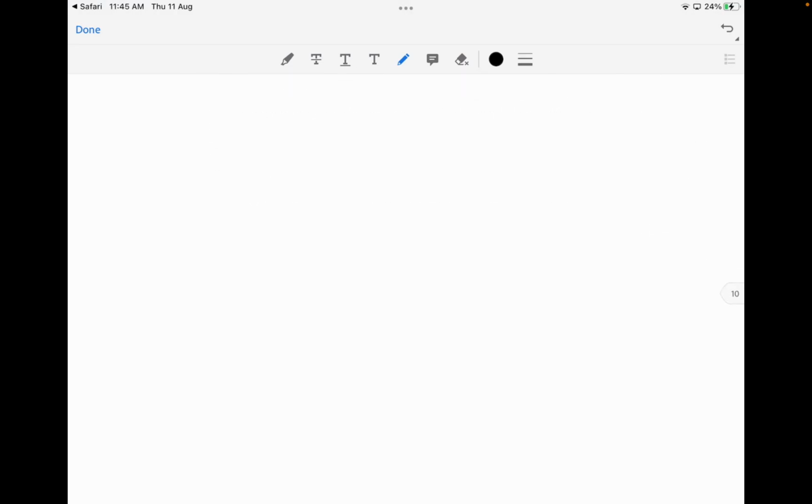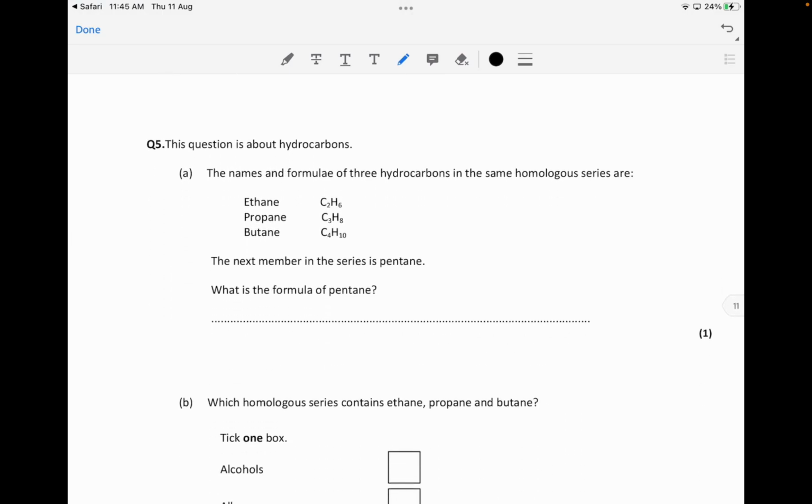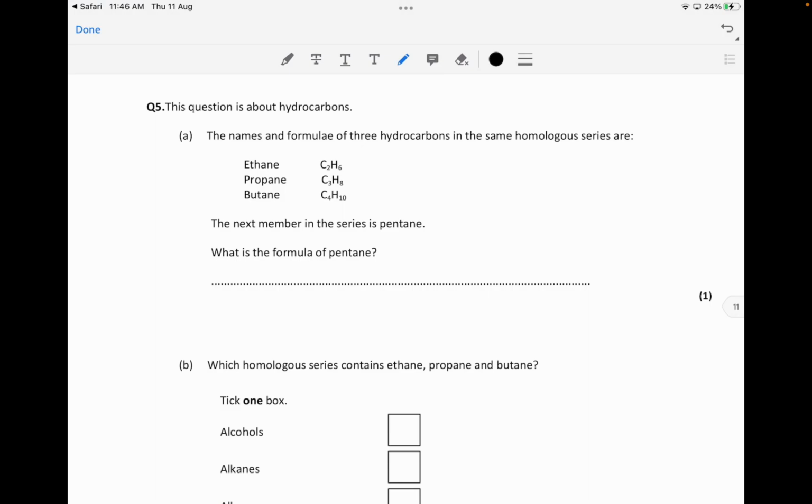The next question is about hydrocarbons, so it's related to the organic chemistry side, so you have to know that. What is the formula for pentane? Pentane has 5 carbon atoms, so you're going to use the formula CnH2n+2, which I think is the formula for the homologous series.